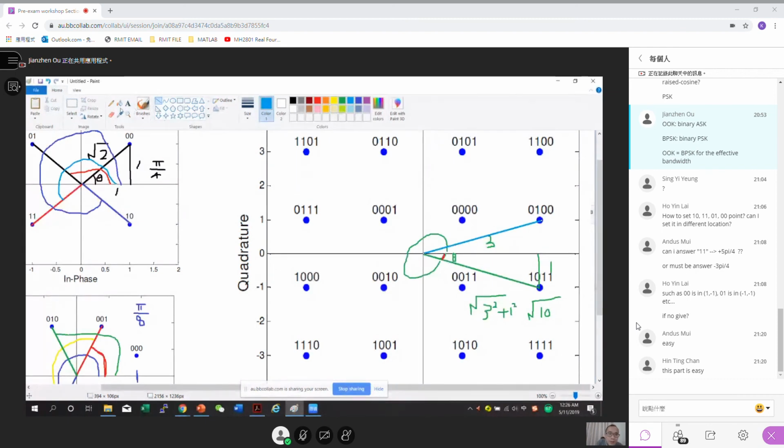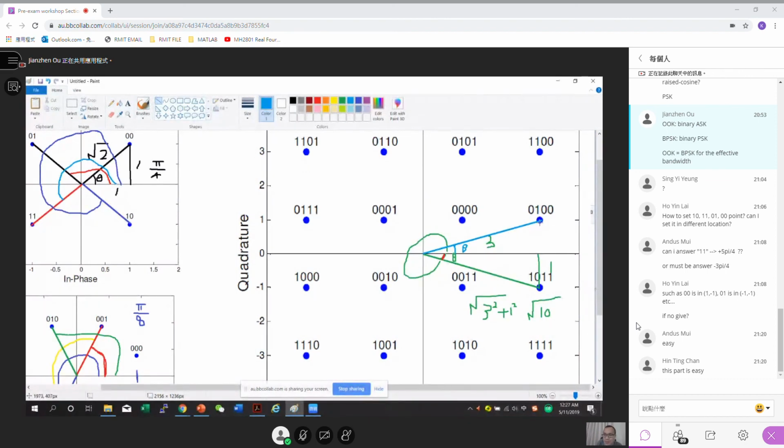So what we need to do is calculate the magnitude, and then we also calculate the angle.